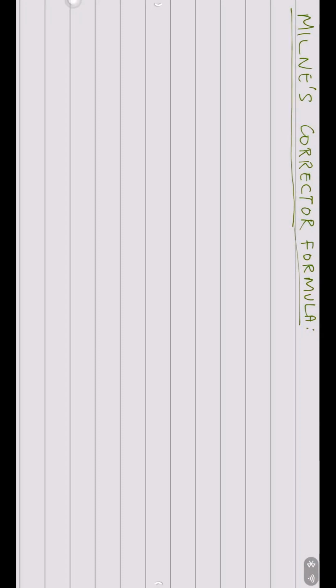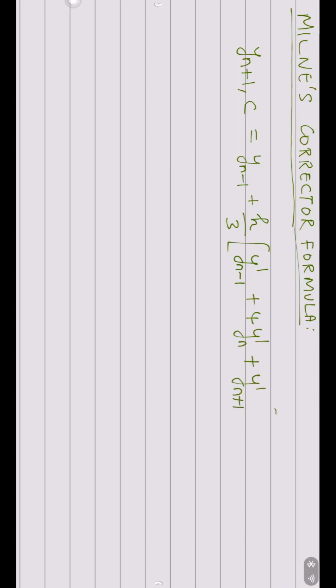Usually, in multi-step methods, on achieving the predicted value, we immediately recorrect this value using the corrector formula. Milne's corrector formula is given by y of n plus 1, c equal to y of n minus 1 plus h by 3 times y of n minus 1 dash plus 4 times y of n dash plus y of n plus 1 dash.